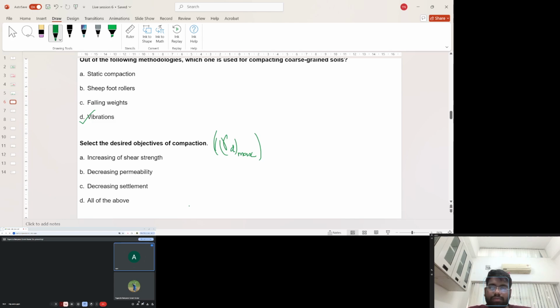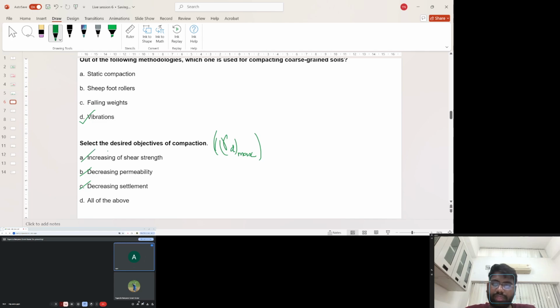Since the voids ratio is decreasing with increase in gamma d, there will be a decrease in permeability. And since shear strength is increasing, stiffness also will increase. So for a particular stress, the amount of deformation undergone by the soil is reduced. That is why it also facilitates decreasing the settlement. So all three options are right.